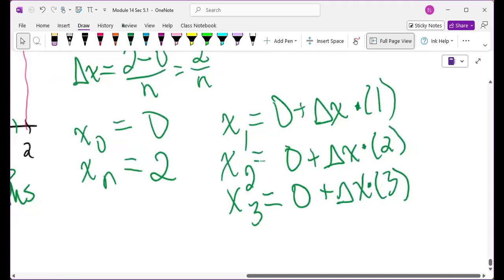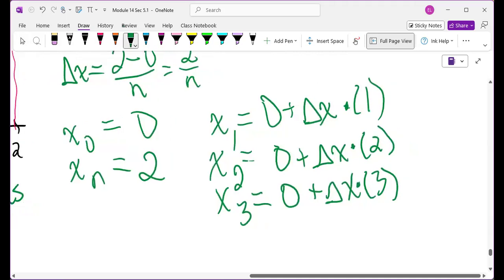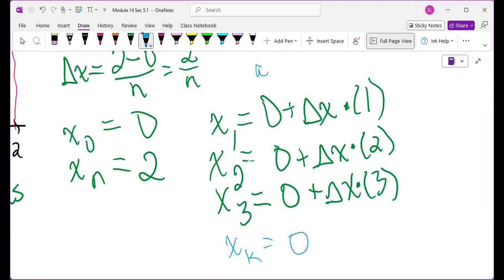I deliberately went to the effort to write the 1, 2, 3 because it correlates to the 1, 2, 3 that we're seeing on our x's here. So if I wanted to generalize this to k, I would still have my 0, which is my a value, the starting endpoint, plus my width times k for how many widths I'm looking at.